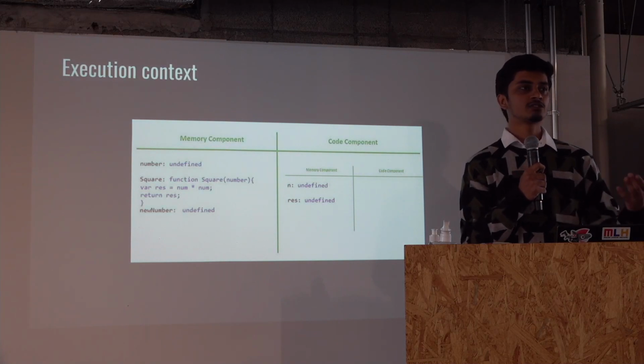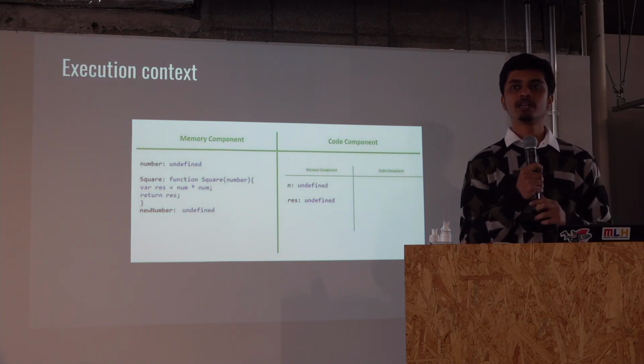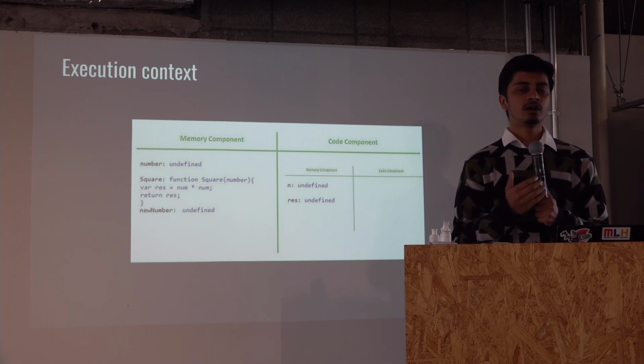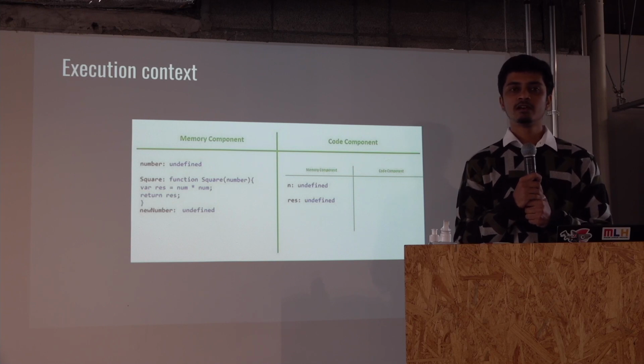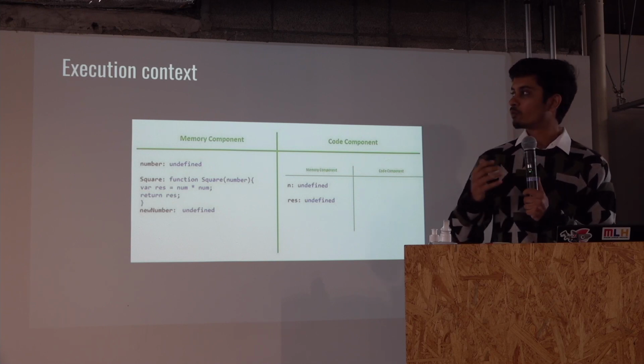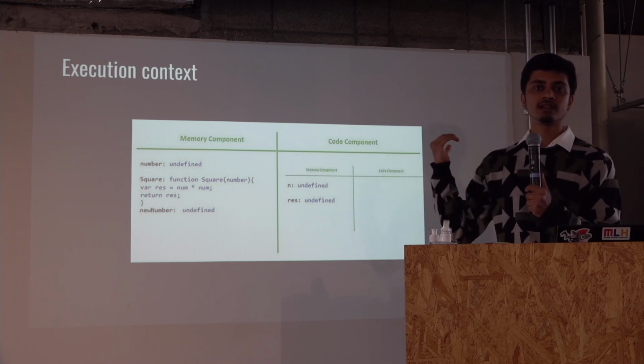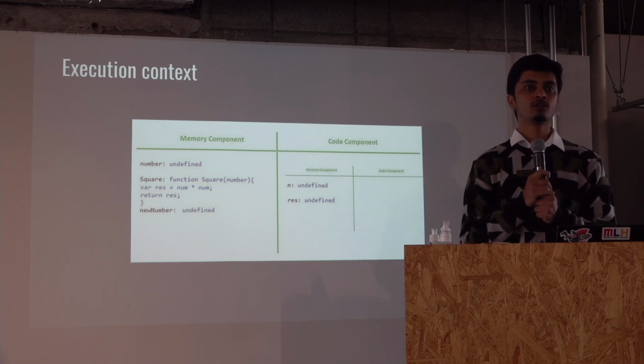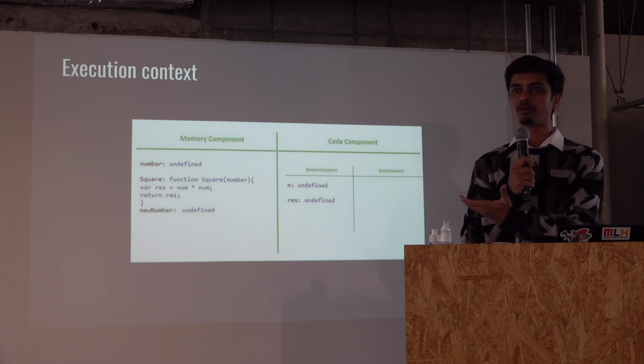Firstly, as soon as your program loads, a global execution context is created, and from then on, with each function call, a new execution context is created, which has basically two parts: one is the memory creation phase, and the second is the code execution phase. There are two main components: a memory component and a code component.